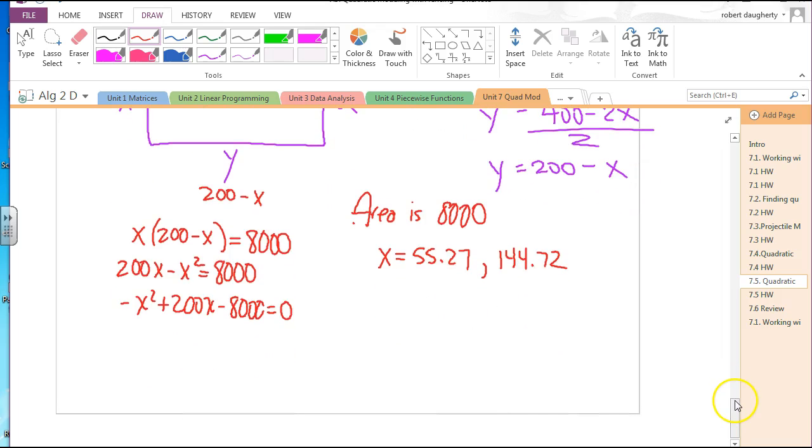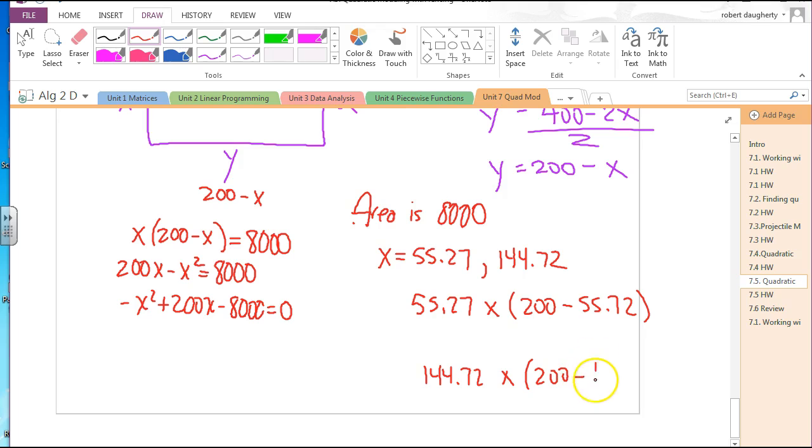So it's going to be 55.27 by, what was it, 200 minus 55.27, or it's going to be 144.72 by 200 minus 144.72. What's 200 minus 55.27?